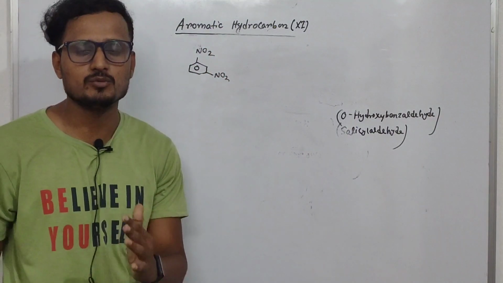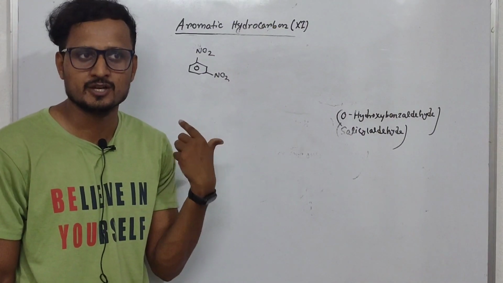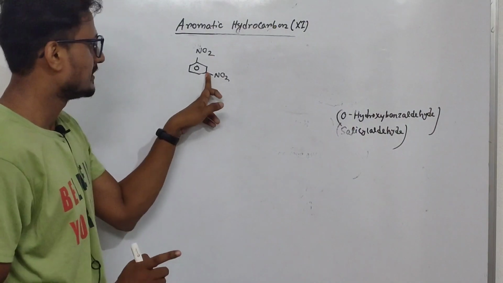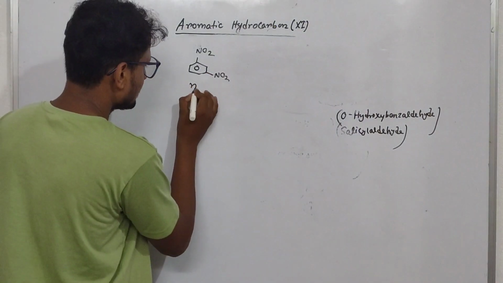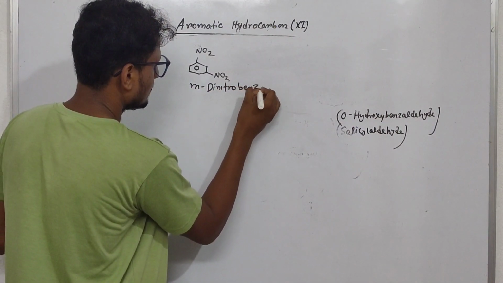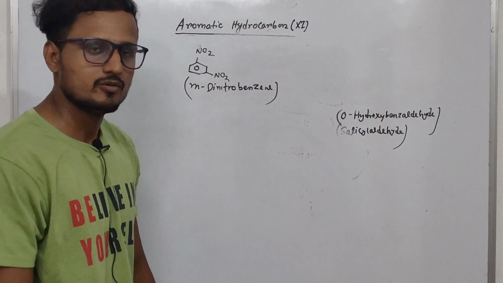When only one nitro group is in the benzene ring, we say nitrobenzene. But here there are two nitro groups, so it will be dinitro. At what position? At the meta position. So we say meta dinitrobenzene.